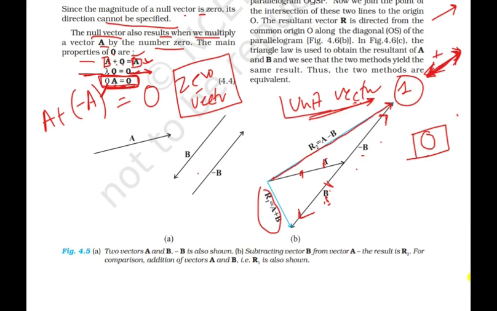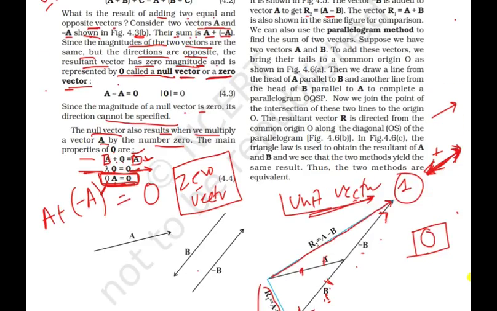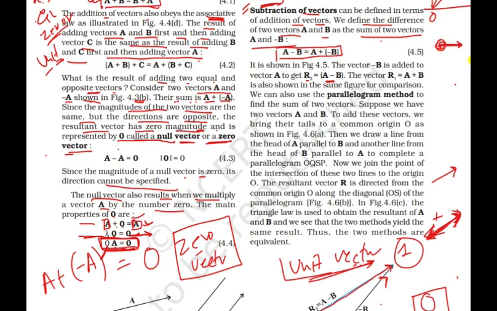That is the difference. You just have to make the direction opposite, then find the resultant of the two vectors. So the vector minus b is added to vector a to get a minus b. The vector R1, a plus b, is also shown in the same figure for comparison.